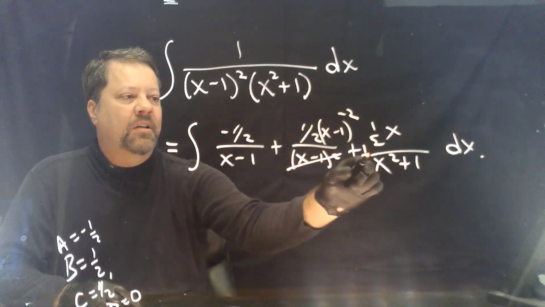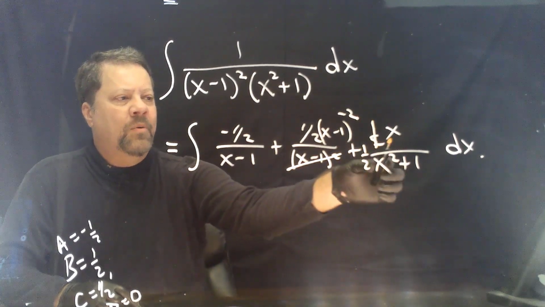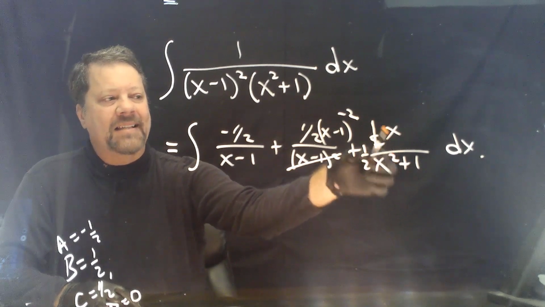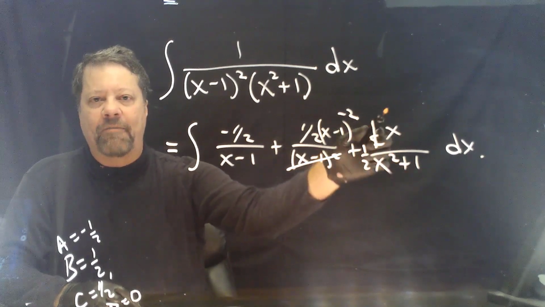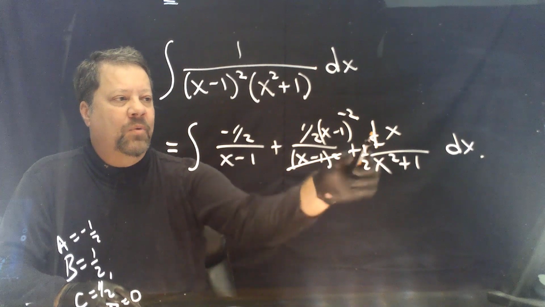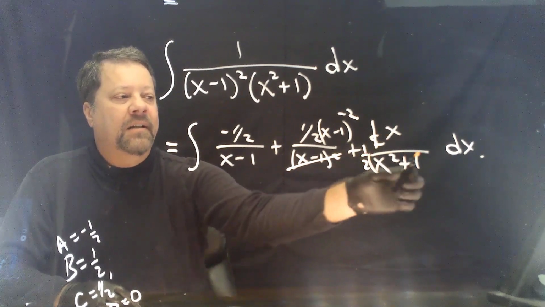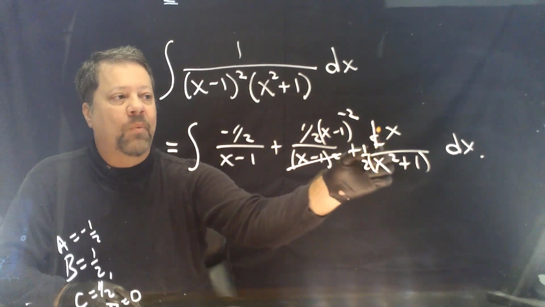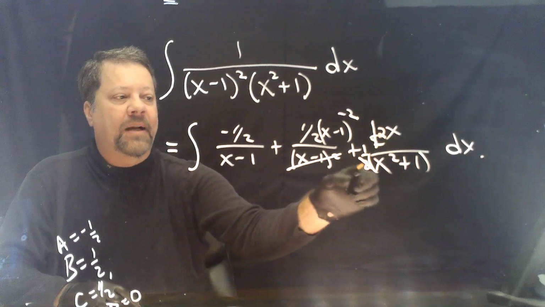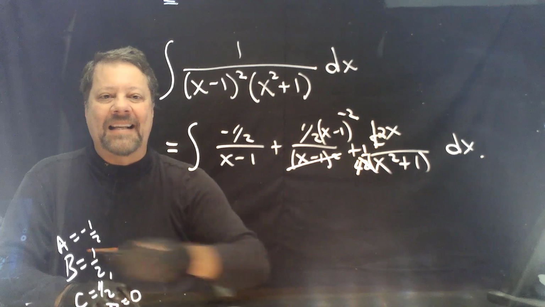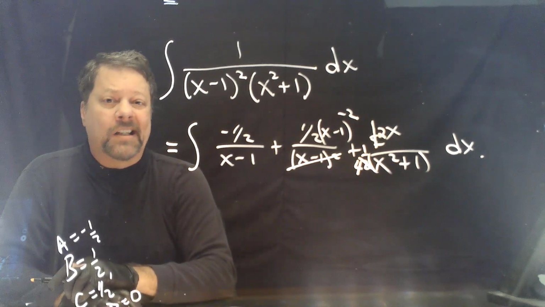Also, I'll put this 1/2 out here. If we want to make this last term look like f prime over f, we're missing a factor of 2 here. The derivative of the denominator is 2x. I want 2x. I get what I want but I have to balance it out by putting another factor of 2 in the denominator.